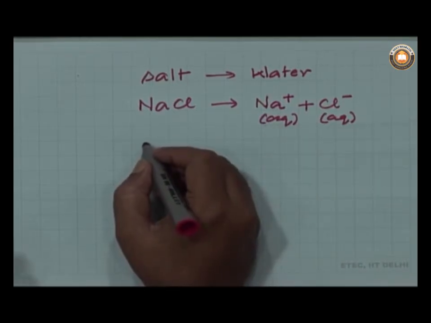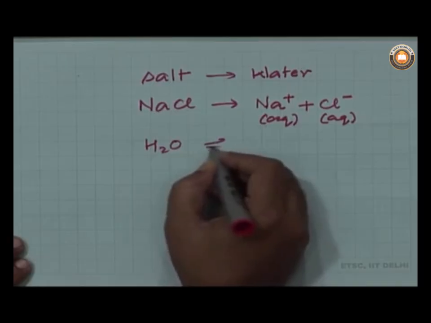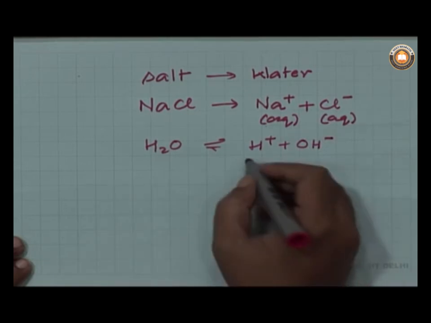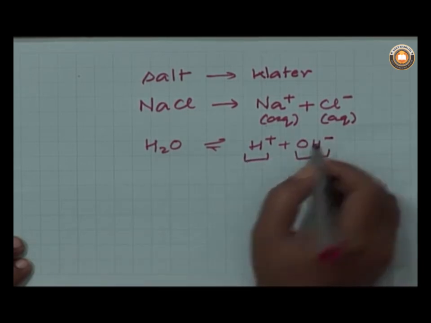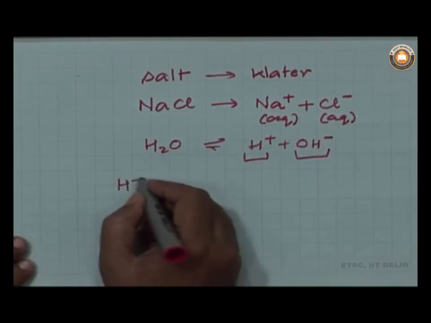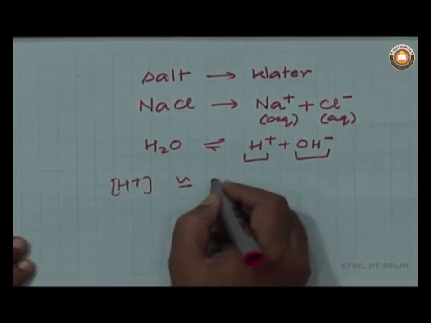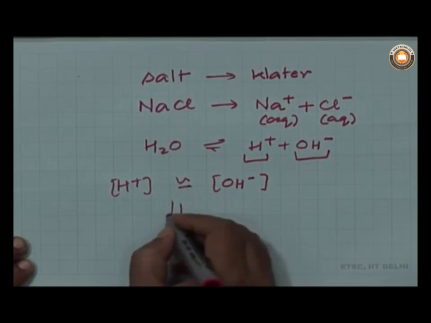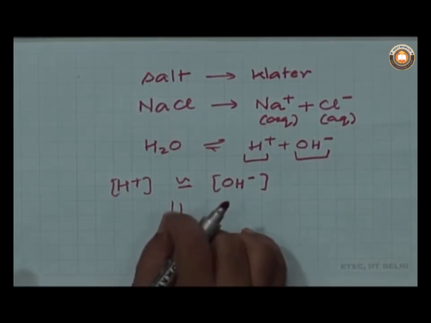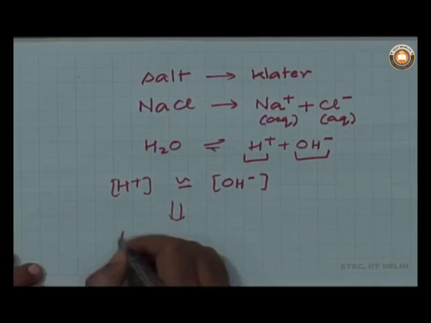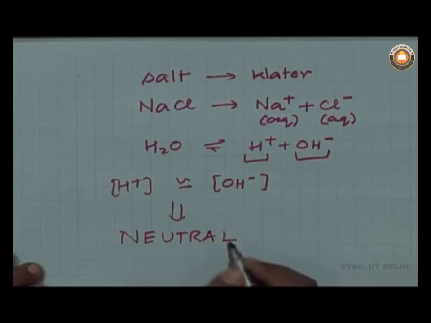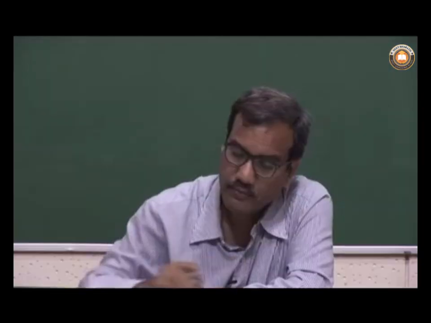Whatever H plus will come from H2O, and the concentration of H plus and OH minus will be equal, and so aqueous solution of NaCl is neutral. Aqueous solution of NaCl is neutral. Now, take solution of HCl.